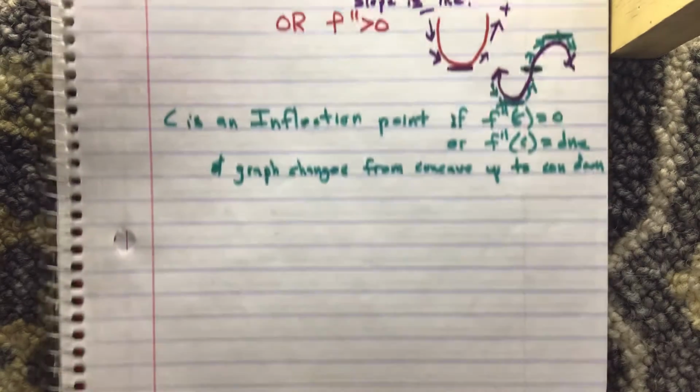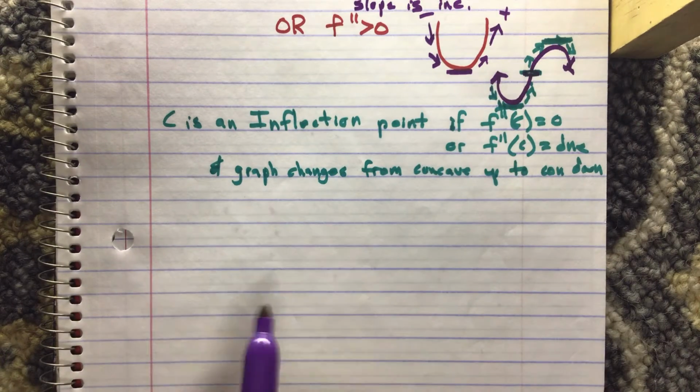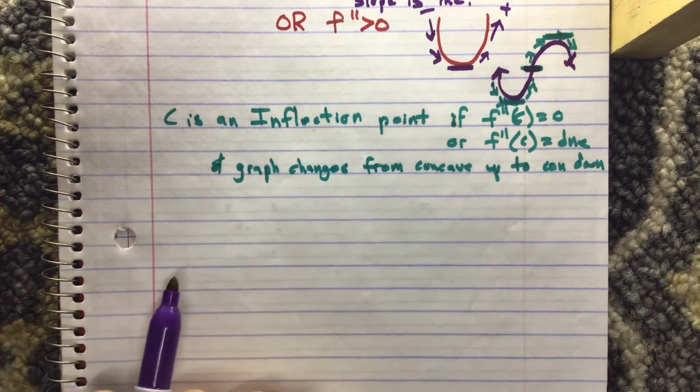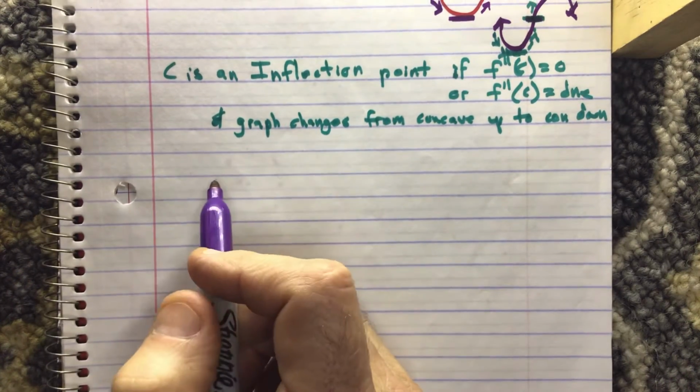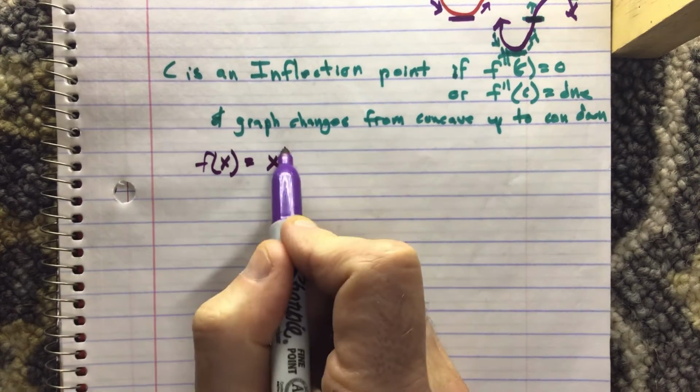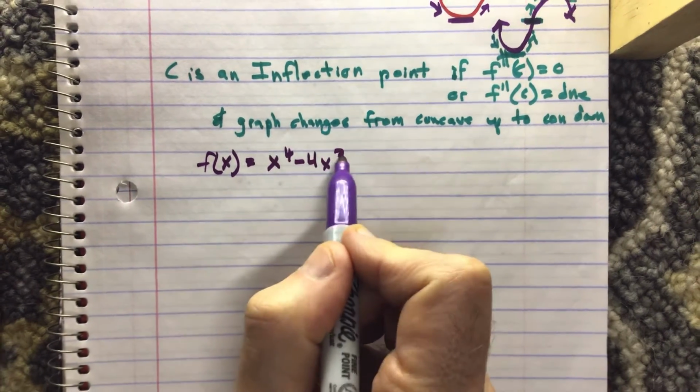So I'll do one example, which I think is enough. I want to determine concavity for, let's say, f of x equals x to the 4th minus 4x to the 3rd.